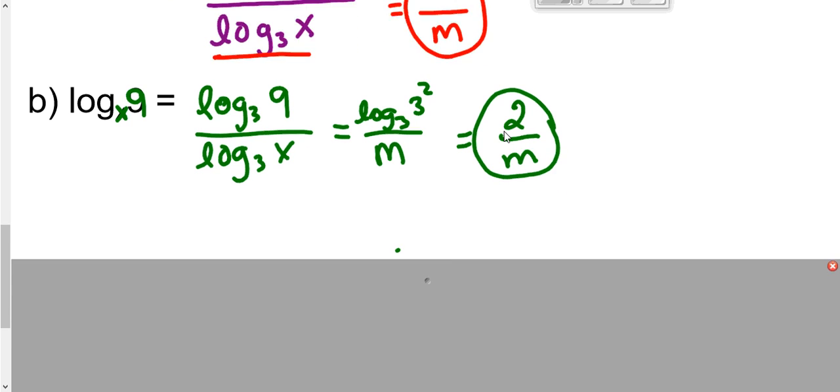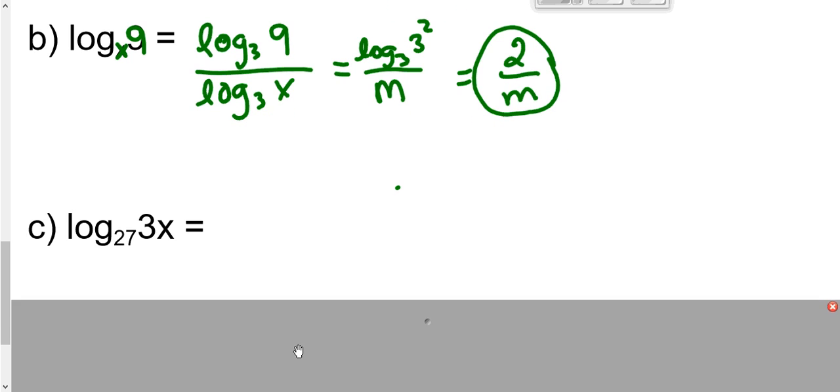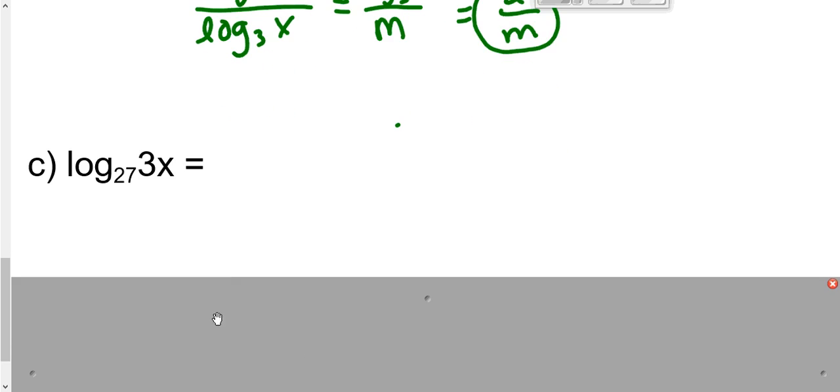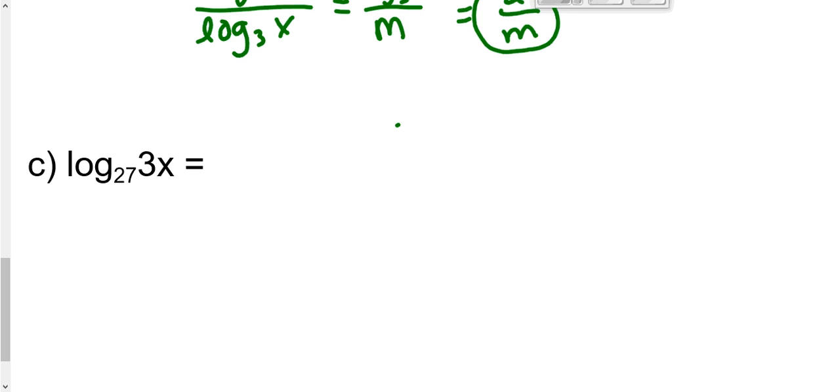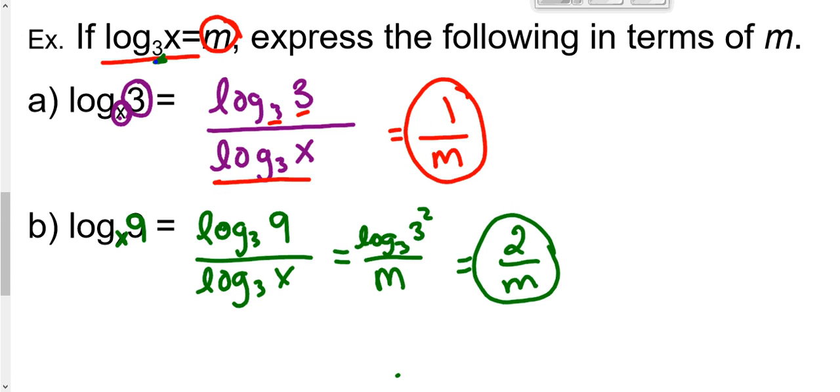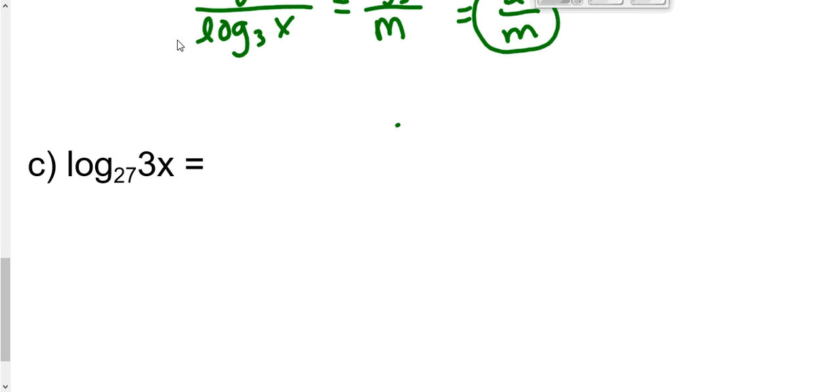Then let's look at another one. We'll have to combine some of the things we know for this one. So we have log base 27 of 3x. So let's look at this. First, let's change the base. We don't want 27 as our base. We want 3, because that's what they said in the problem.